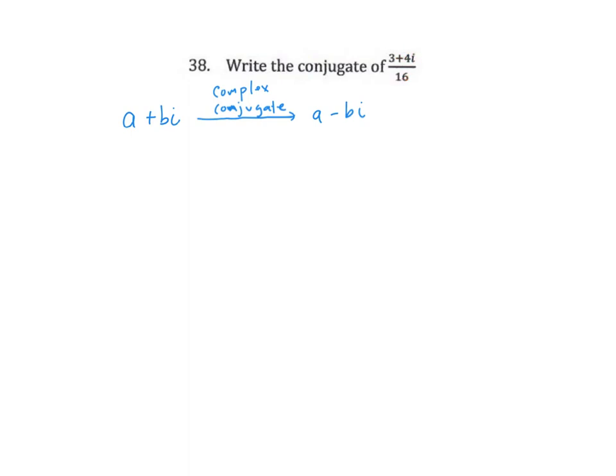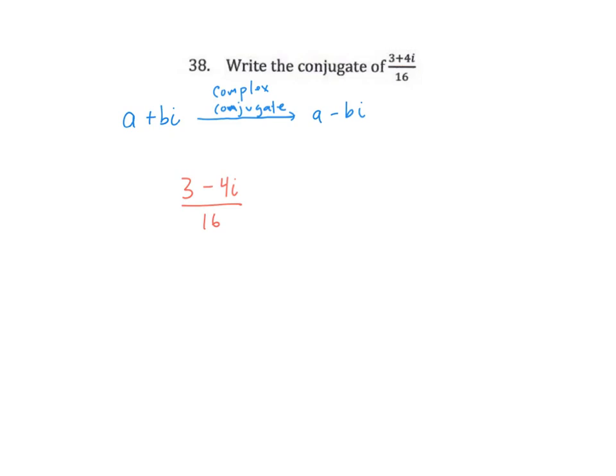It's still divided by 16, but this 4i is really the imaginary part of this. So the conjugate would be 3 minus 4i over 16.